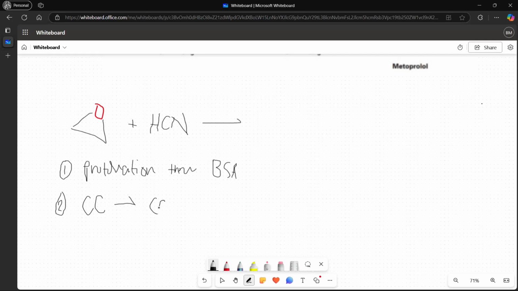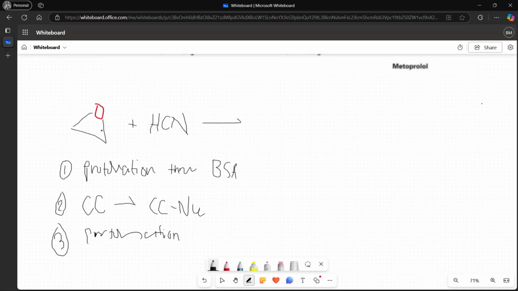So that's just how it is. And then lastly, thirdly, is another protonation step, or it could be an acid workup to make sure that your O has its own H.